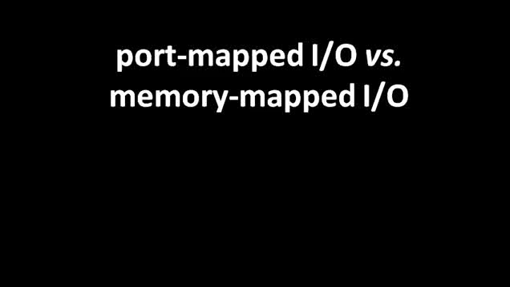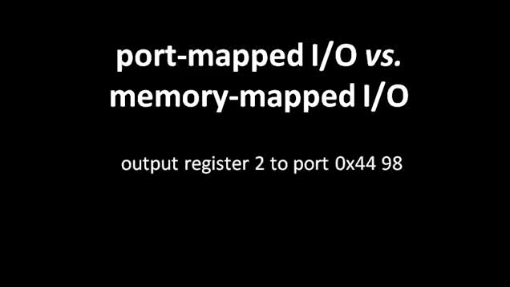In a port-mapped system, each individual register of the I/O devices is seen by the CPU as what's called a port, and each port has a number, much like every byte of memory has a number.